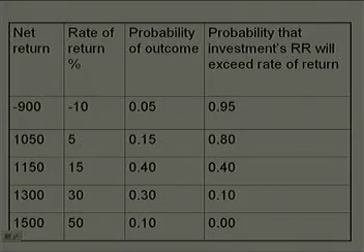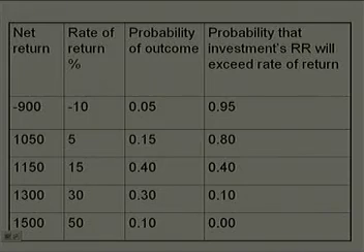Then similarly, you can also earn $1,150. That means there is a return of 15%, and the probability of this happening is 0.40. Then you can also earn $1,300. There is a chance of 0.30. That means there is a 30% chance that you can make a 30% return.